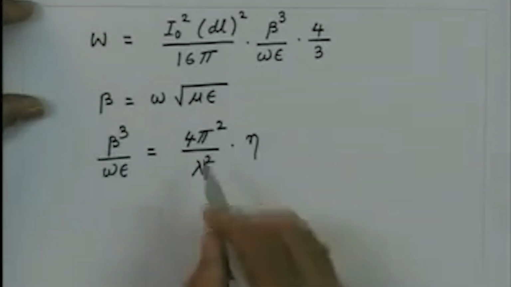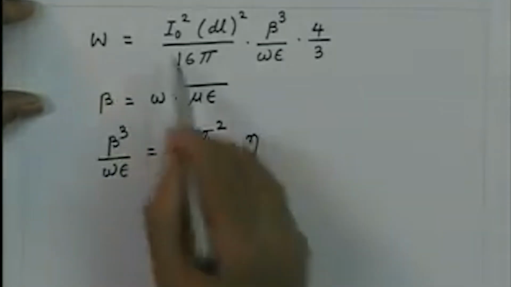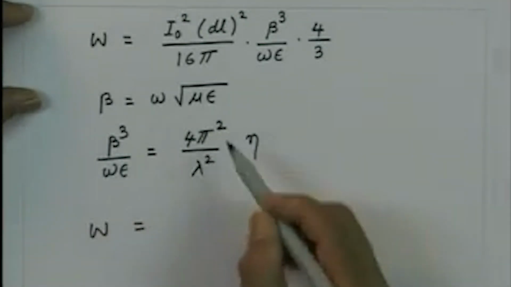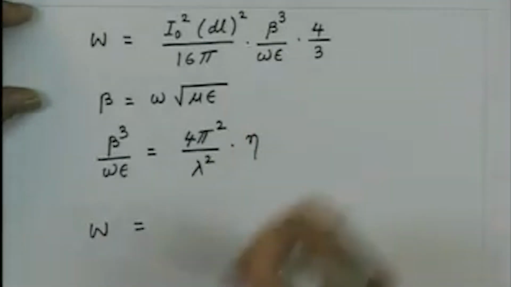So, if I rearrange some terms into this, and substitute now for that, I will get the total power radiated by the Hertz dipole, that can be written in terms of the intrinsic impedance substituted here.